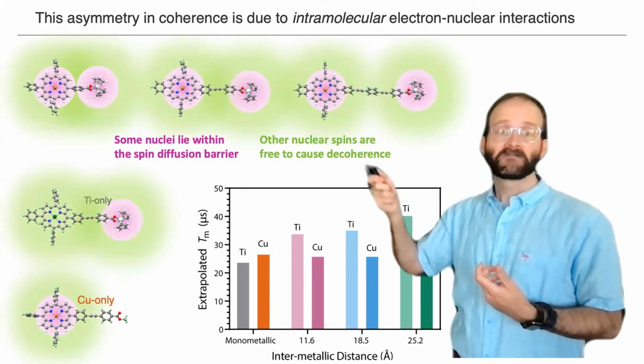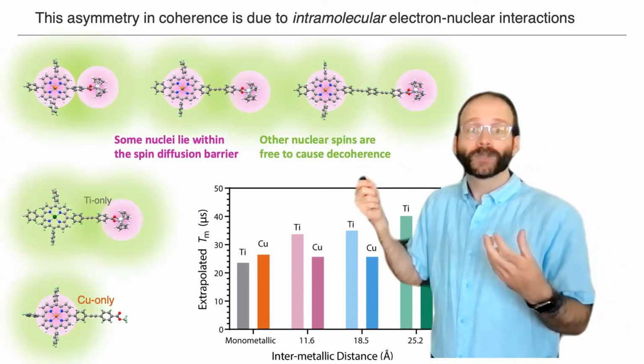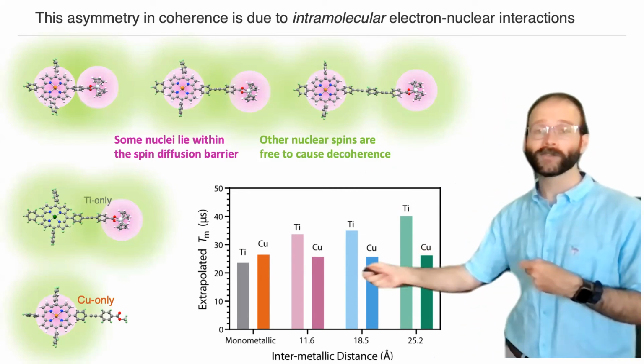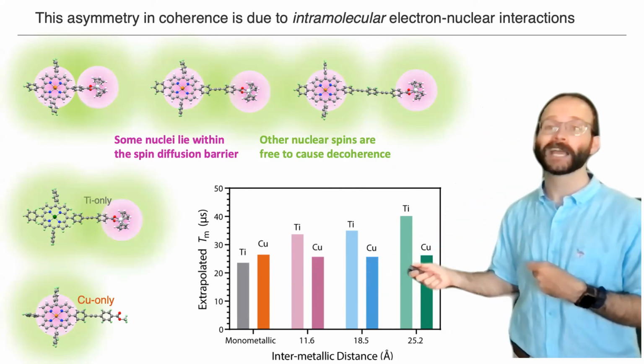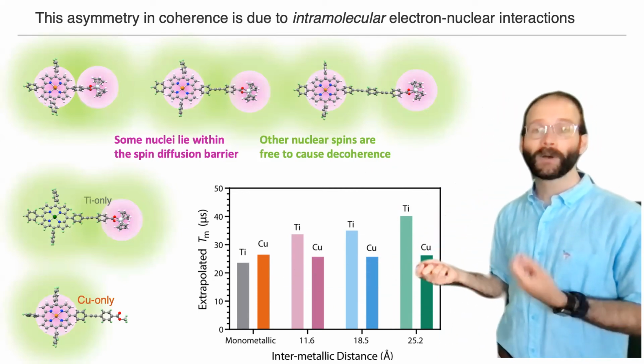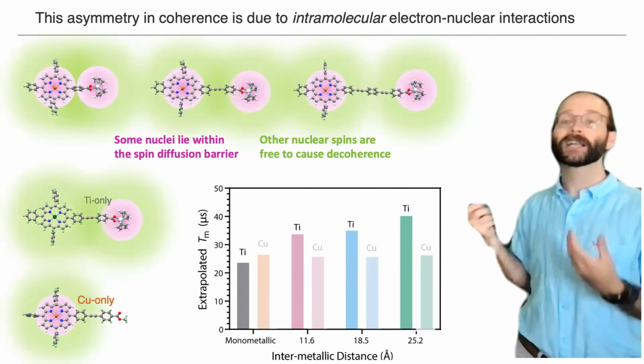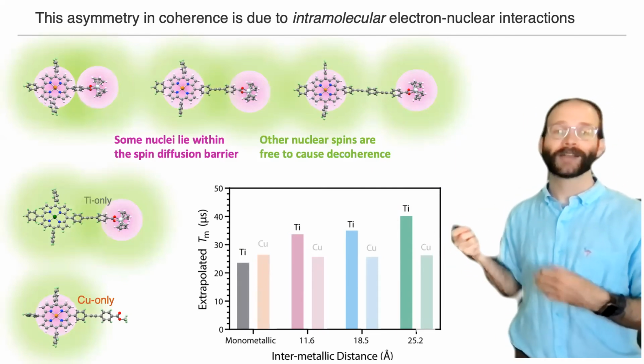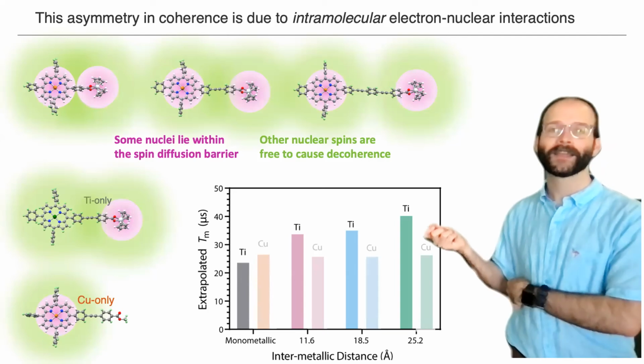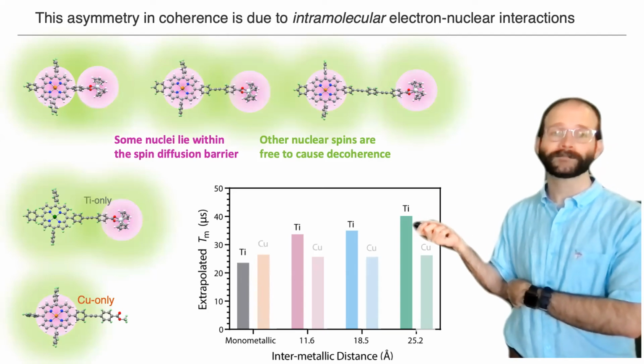And so it makes sense. Since the copper porphyrin is carrying its own source of noise, it doesn't really matter where we place the titanium. Its Tm is going to be the same. However, as we move those spins away from the titanium, we dramatically attenuate their influence and reduce the magnetic noise they create, improving the phase memory time.